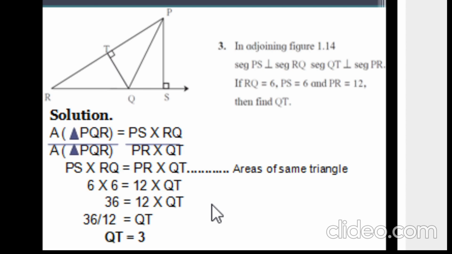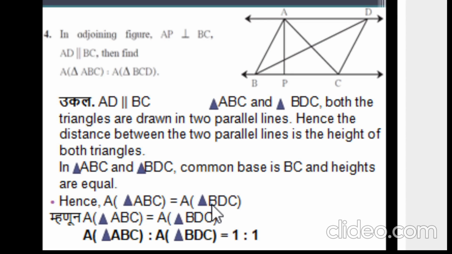Okay, let's go to the next question. In this question there are two parallel lines, AD parallel to BC, and AP is perpendicular to BC. Now whenever there are two parallel lines, any triangles between these two parallel lines have equal height. Triangle ABC and triangle BDC are both drawn between the parallel lines.